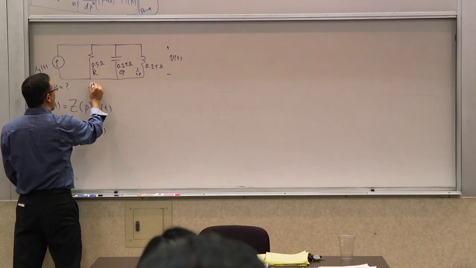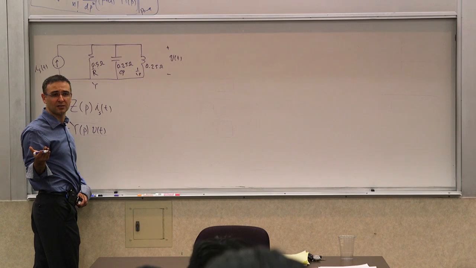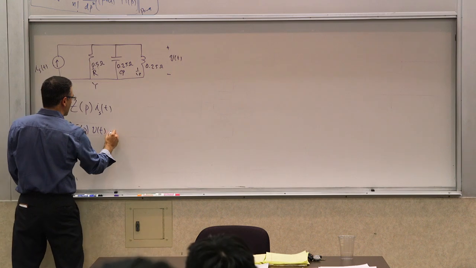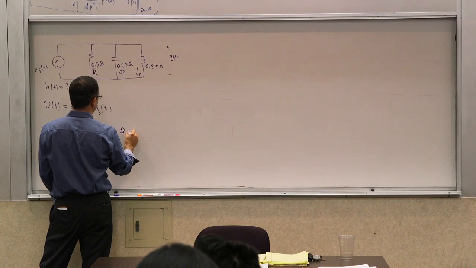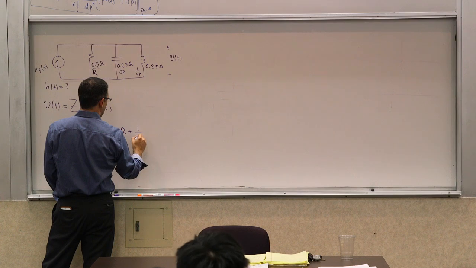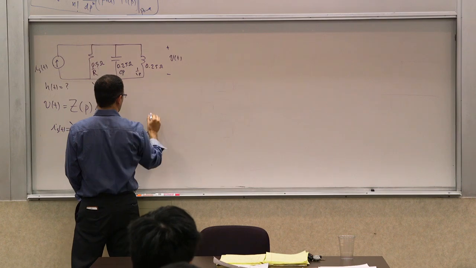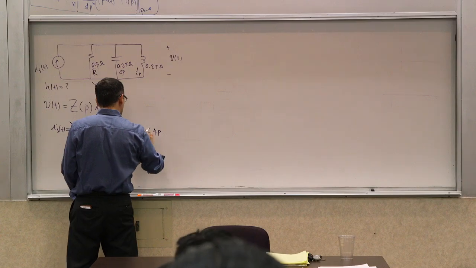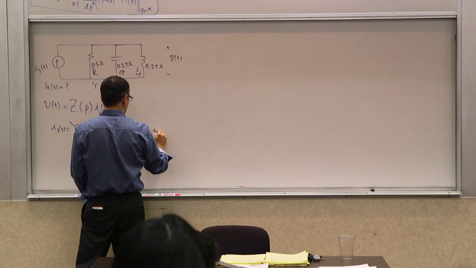So now Y's, the admittances, are the general form of conductances, right? So you can combine the three of them. So you can say Yp is essentially what? 1 over R, which is 1/2, plus Cp, which is 1/4 of p, so p over 4, plus 1 over Lp, which is 4 over p.